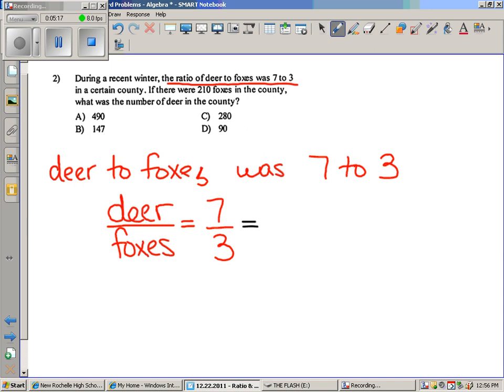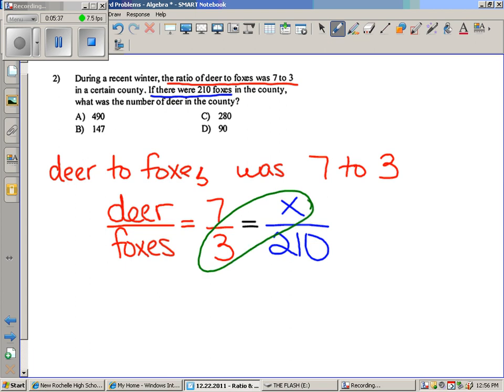Now, take a look. If there were 210 foxes, how many deer were there? What do you do? Have you seen something like that before? Cross multiply. We are cross multiplying it up.